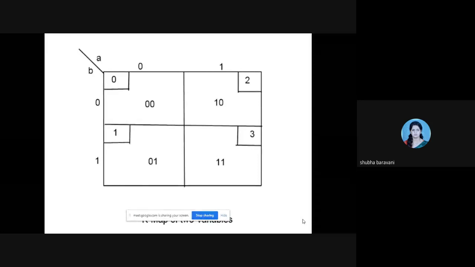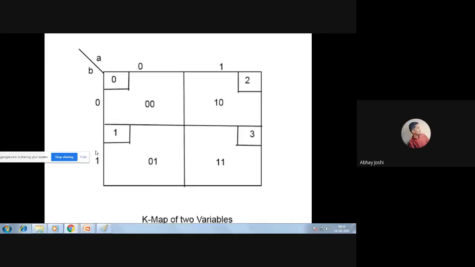Ma'am, that one not visible. Not visible. Just a minute. I'll try It's not to. visible. Now see. Yes, ma'am. Yes, ma'am. ठीक है? yes, ma'am.